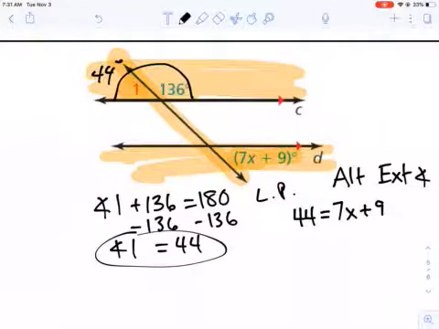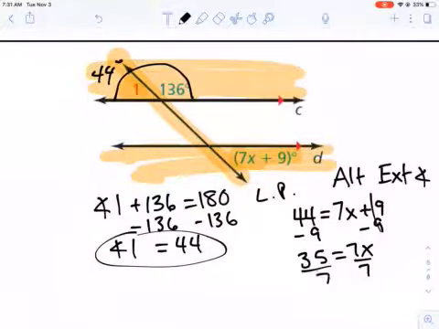And now this is just an algebra 1 problem. Minus 9, 35 equals 7x, divide by 7, 5 equals x. And that's all they wanted. They just wanted us to find x.